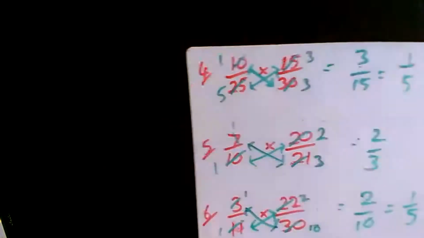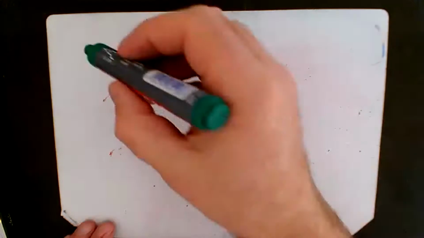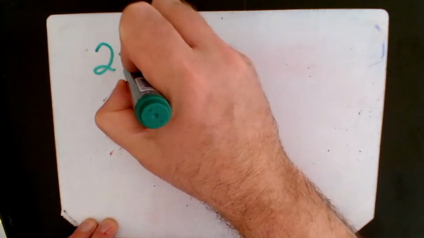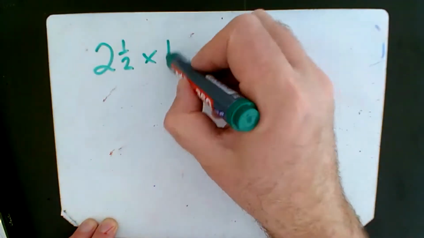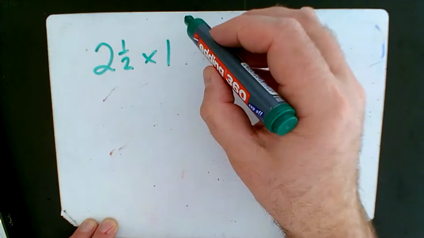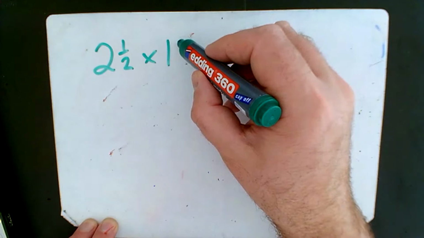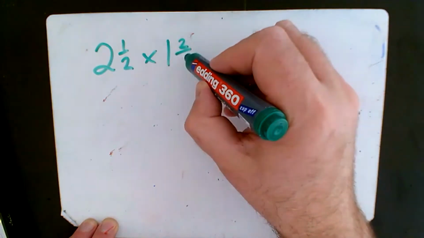Now, last step is when we are using mixed numbers, multiplying with mixed numbers. And actually, if you think about it, our starting point is exactly the same as when we're doing subtraction. So let's do one that doesn't cross simplify first. Let's see if I can think of one anyway. 2 and a half, times 1 and 2/3.